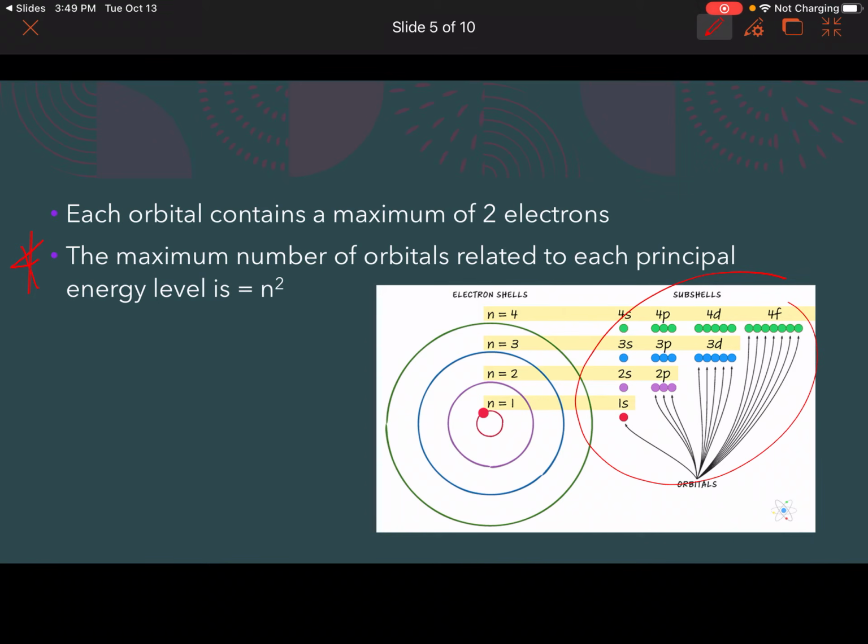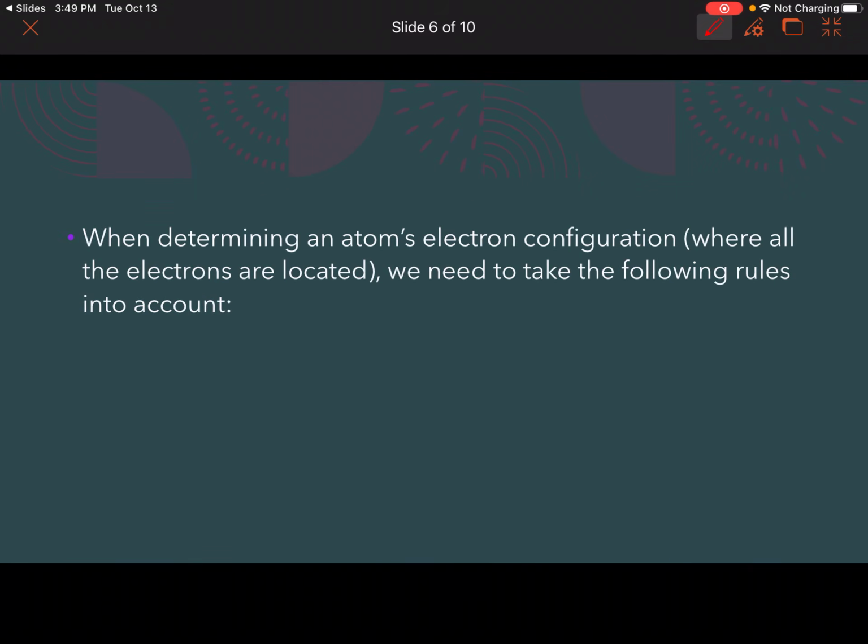So if we look here, the number of orbitals equals n squared. For example, n equals 2. The second principal energy level is 2, and 2 squared of course is 4. And if you count them, we've got 4 orbitals here. We've got 1 from the S, and remember P has 3 orbitals, so that's a total of 4. That's where that's coming from, but we'll talk more about that later.